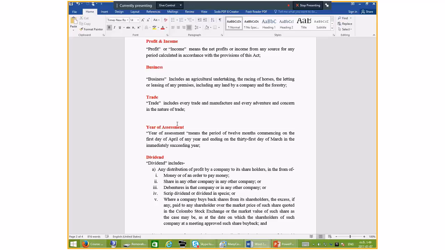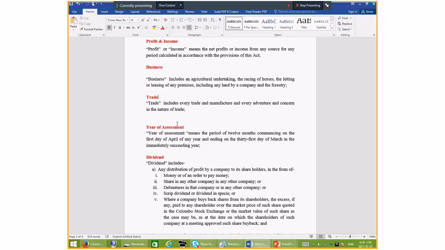Again, any type of profit arising from any type of trade is subject to tax, and the word trade includes any manufacturing. Say a steel manufacturing company registered under the Companies Act derived profit from the manufacturing business, then under what section do we tax it?